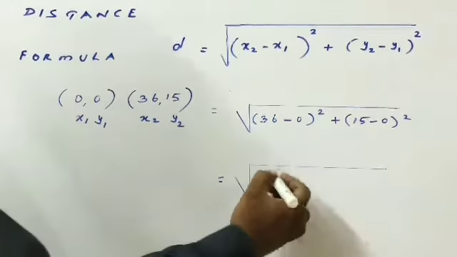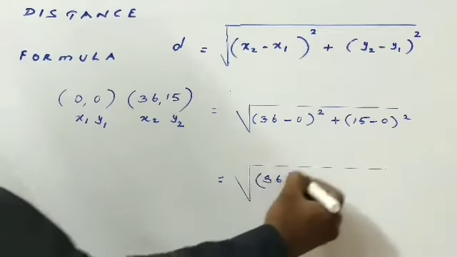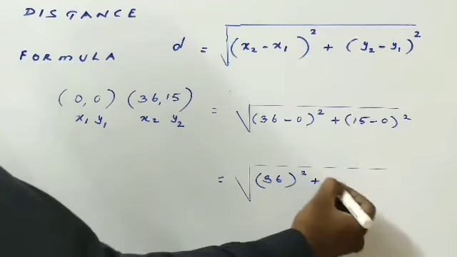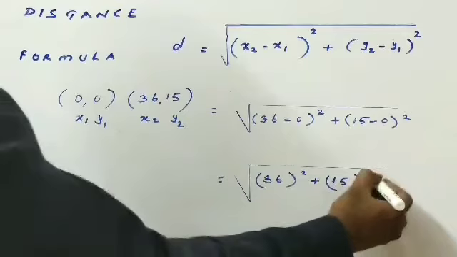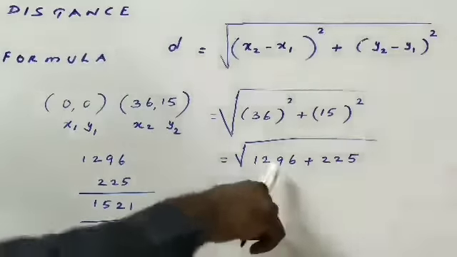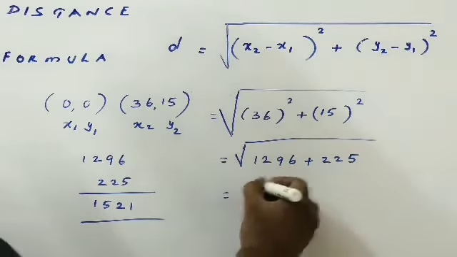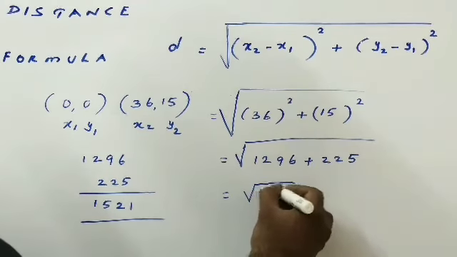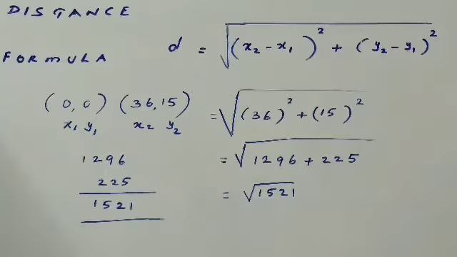36 minus 0 is 36. 36 square plus 15 minus 0, 15 whole square. So 36 square, 1296, plus 225 gives 1521. The number ends with 1. 1 into 1 is 1, or 9 into 9 is 81.